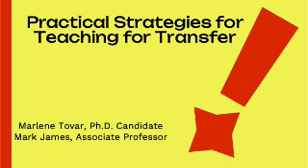Yes, thank you. So the example that Dr. James just presented is one that you could say requires high-road transfer to an extent. But let me backtrack and briefly define these two different types of transfer. Low-road transfer refers to the automatic triggering of well-learned behavior in a new context.